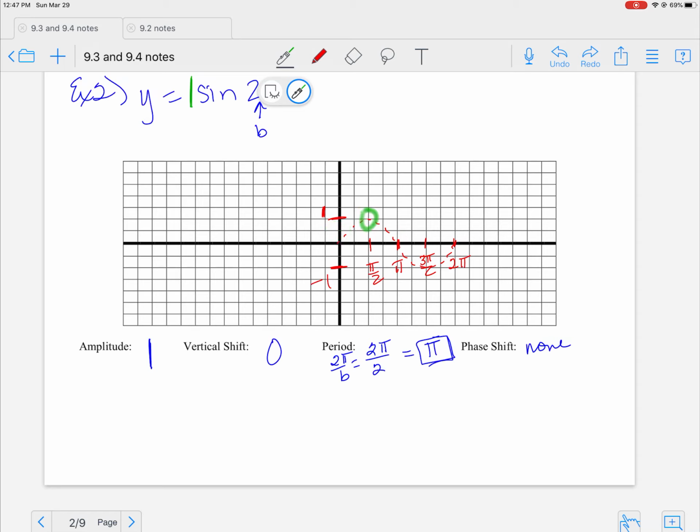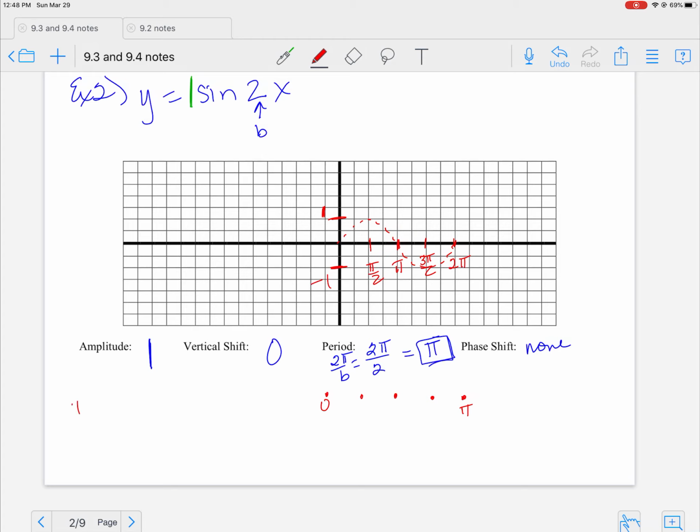Now, when you figure out how to do a period, this is going to affect your numbers. We are hitting 1, 2, 3, 4, 5 points. We have our beginning, we have our end, but I'm splitting it into these 4 sections, right? Okay, so because I'm splitting this up, I'm going to have my beginning, which I'm not shifting, so I know I'm still at 0. That's my beginning point. My end point is going to be at pi.